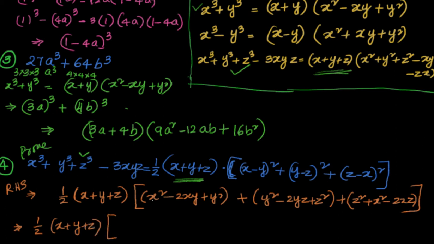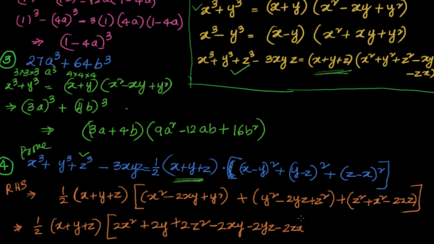Now if you see here, half into x plus y plus z, let us try to simplify this. x square, another x square, this is 2x square. Similarly y square, 2y square. Let us see how many z square we have: 1 and 1, 2z square. I have 2xy, 2yz, 2zx, so this is nothing but minus 2xy minus 2yz minus 2zx.